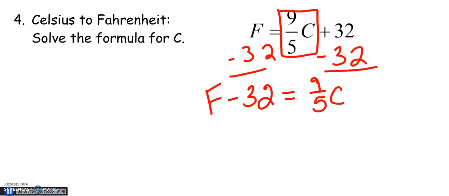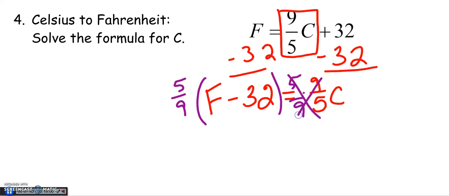Equals 9/5 c. Alright, now we have 9/5 times c. So to get rid of that, we are going to divide by 9/5. If you divide by a fraction, that's the same thing as multiplying by the reciprocal. So if we multiply the right by 5/9, because 5/9 is the reciprocal of 9/5, we have to do the same thing over here, but in order to do that, we're going to have to put that in parentheses.